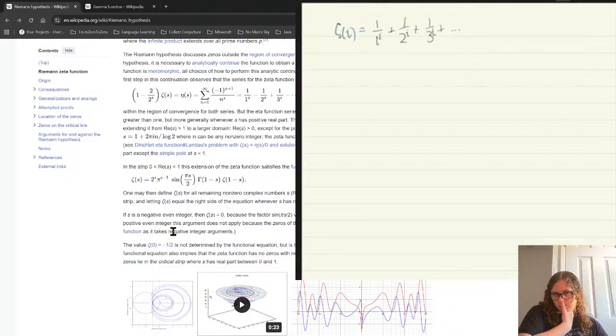Now, but what are we expecting when we raise something to an imaginary power?